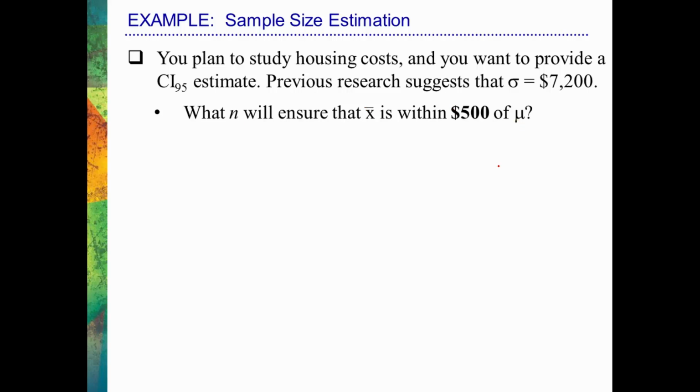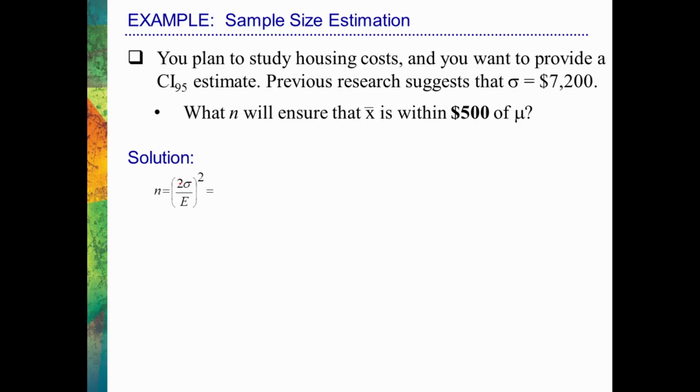So we want the price that we come up with when we're talking about housing prices to be within about $500 of the true population mean. So what sample size are we going to need to ensure that our sample mean is within that value? All right, well, all that we need to do is use our formula here.